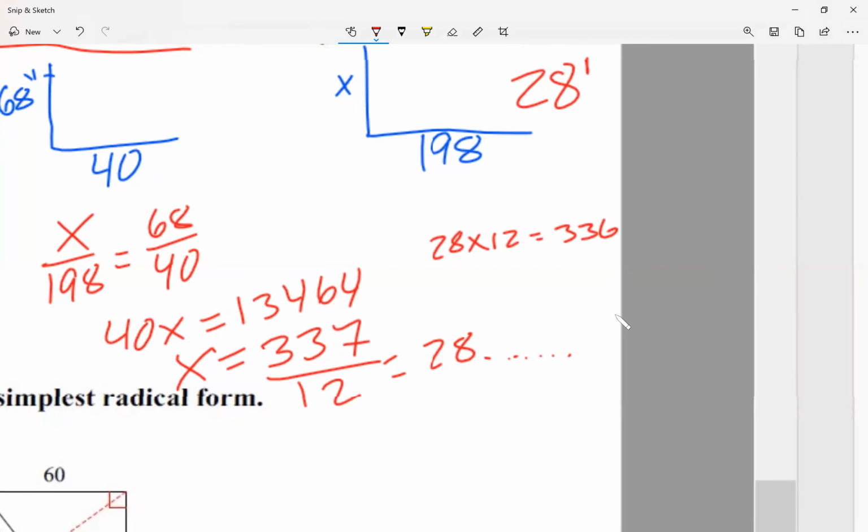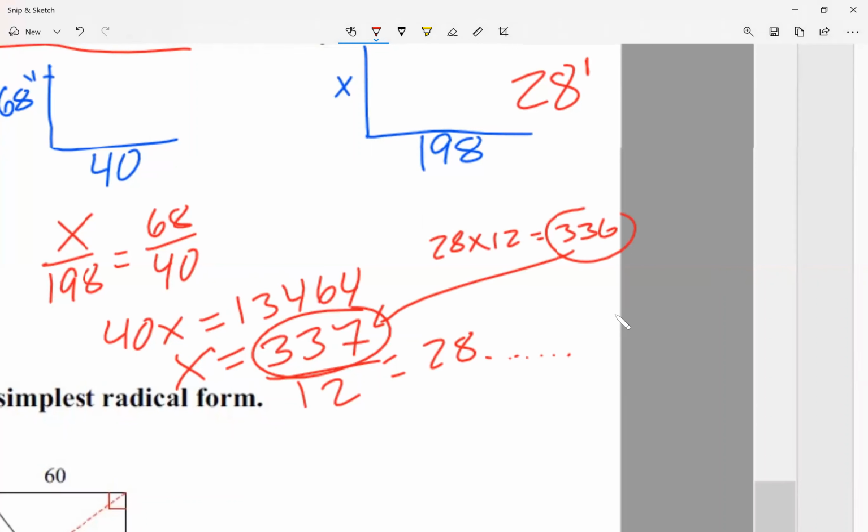But this thing is supposed to be 337. All right, how many more inches do we need? Well, 1 inch, right? So the building is 28 feet, 1 inch.